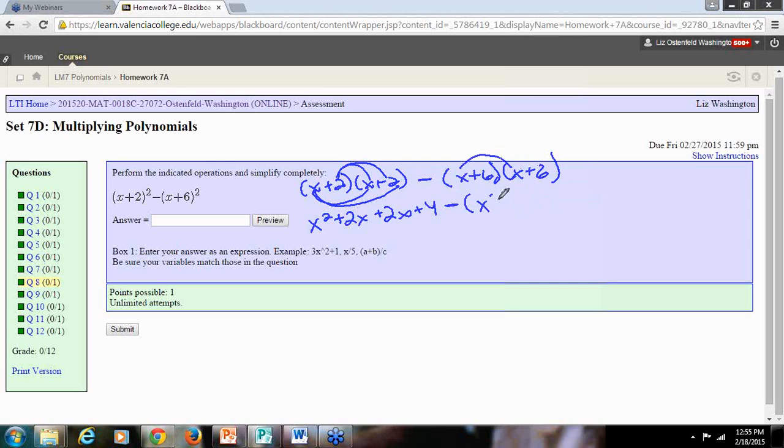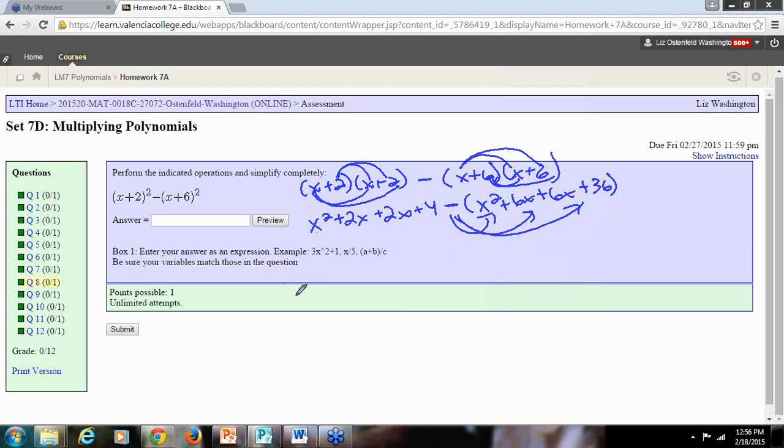X times x is x squared. X times 6 is 6x. 6 times x is 6x. And 6 times 6 is 36. I am going to combine like terms, but I got to make sure that minus sign gets applied to everybody. So I'm going to change my color.